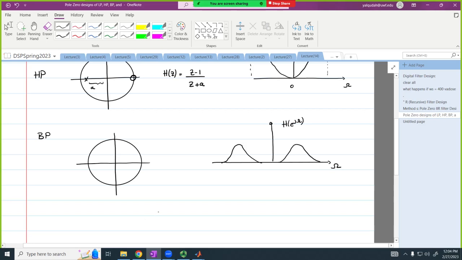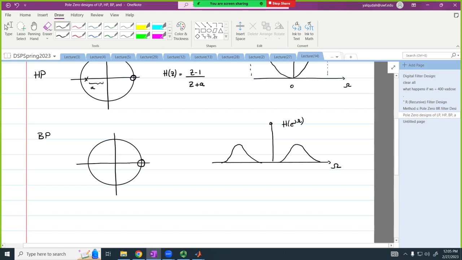How can we get a frequency response that looks like this? Low pass and a high pass? Very good. So what do we have to do? We have to place 2 zeros. Where are we going to place these 2 zeros? Close to the cutoff frequency.